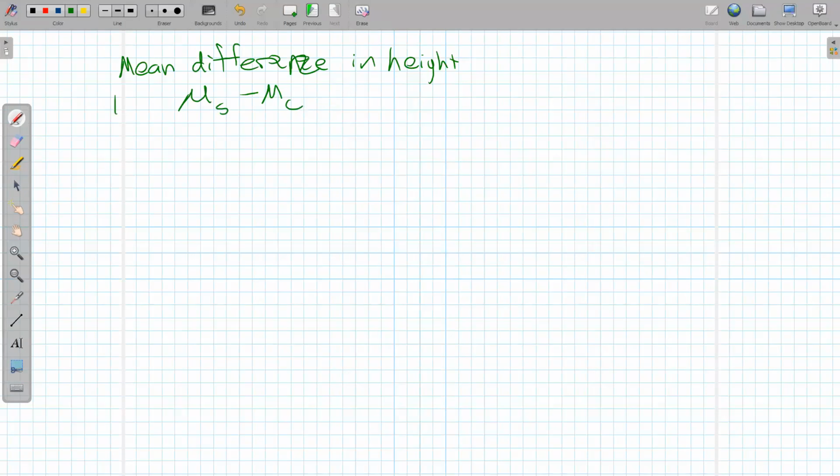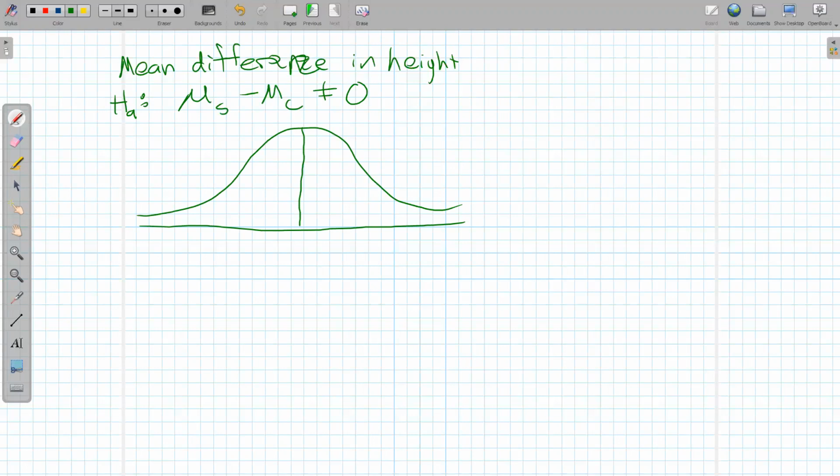And our alternative hypothesis is that there is a difference. It's not zero. In the middle, right, there's no difference. So that's this zero up here. It's also like having a t-score of 0.